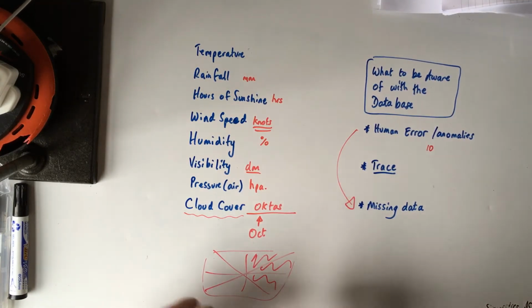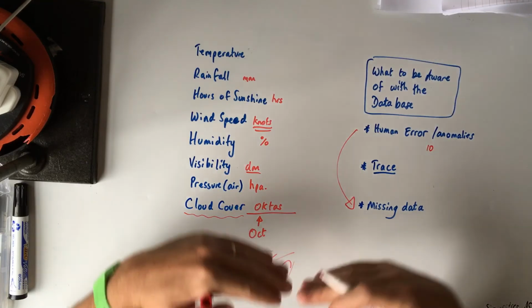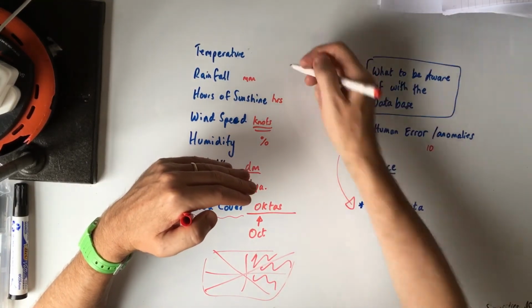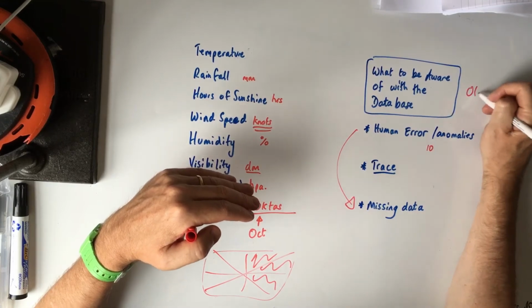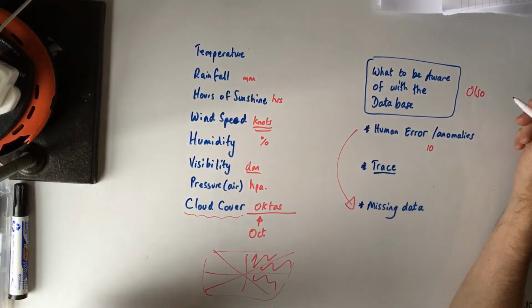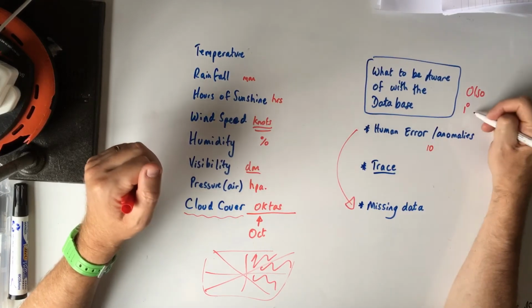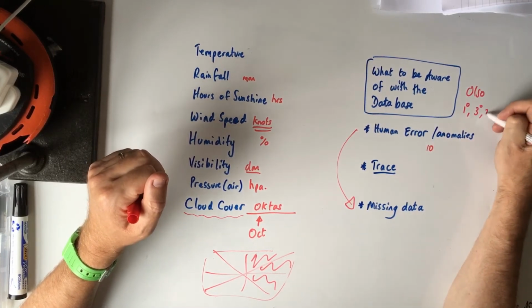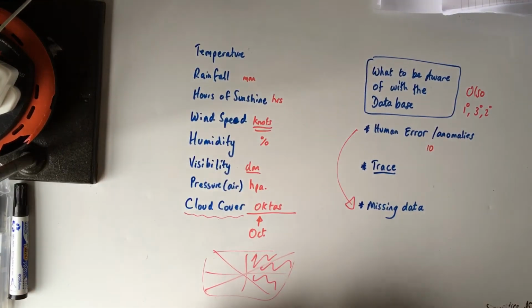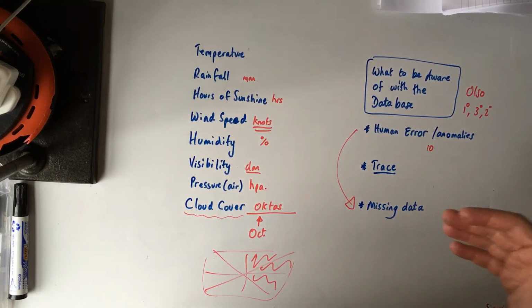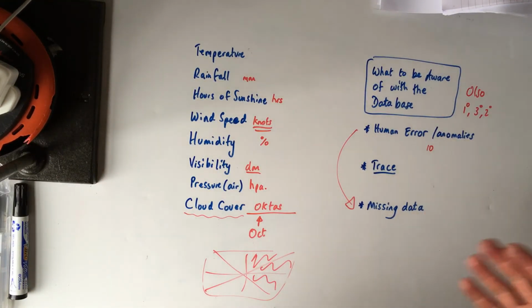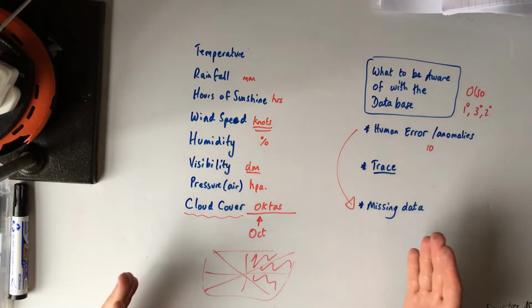So for instance, say you have a very northern town like Oslo, and you've got temperatures at Oslo in winter, and those temperatures are the average high daily temperatures like 1 degree, 3 degrees, 2 degrees, and so on. And then suddenly, one of those temperatures is 18 degrees.